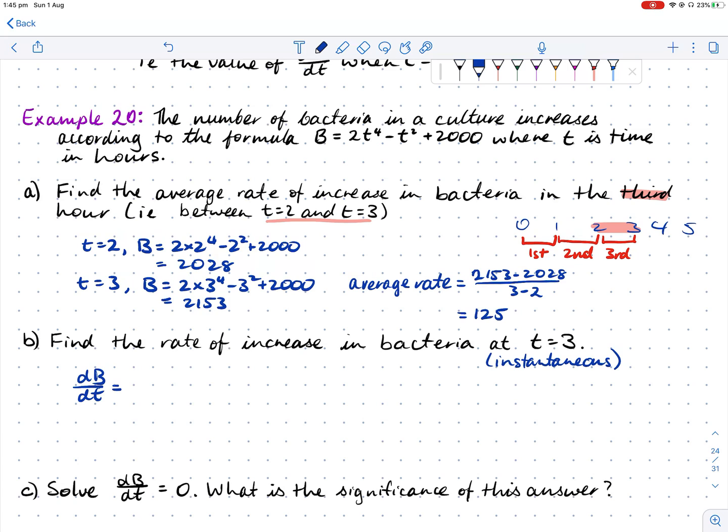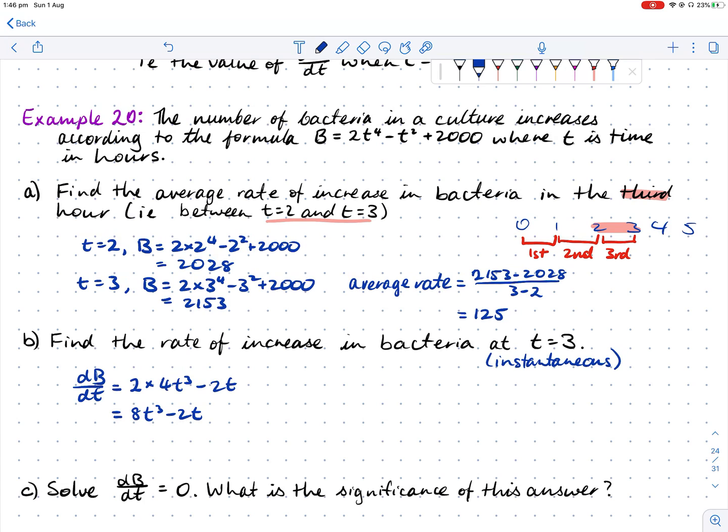If you were to use B dash, we won't mark you wrong for that, but often it's just nicer to write it in this format so you can see what variables you're comparing to each other. So when we differentiate this, we've got 2 times 4t cubed minus 2t, and then the 2000 just disappears. So that's 8t cubed minus 2t, the derivative of the number of bacteria.